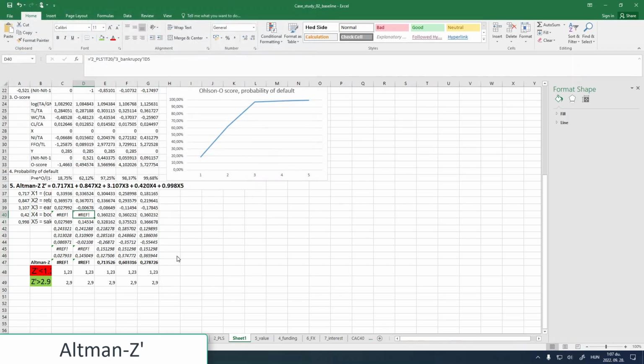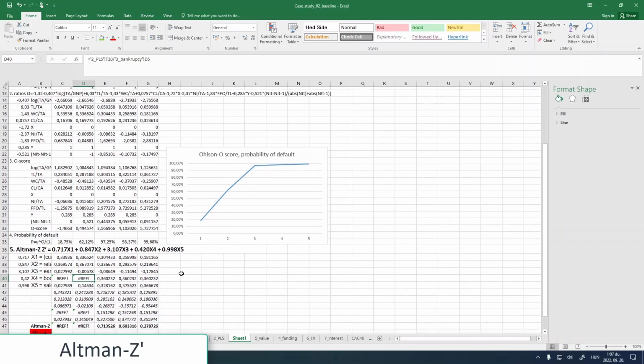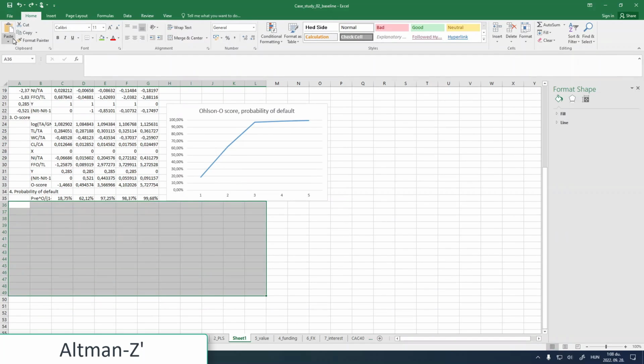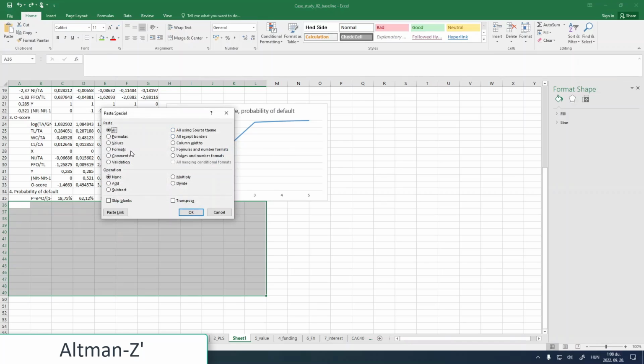Oh, no. I did the wrong copy paste because I have to paste in the formulas, not the numbers.